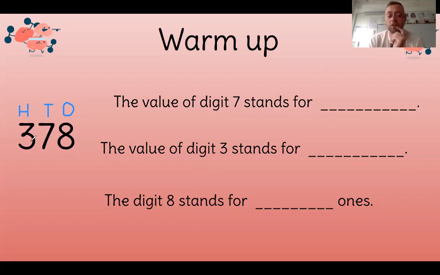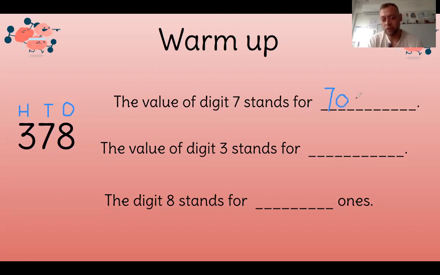Okay, so now let's look at the question and see what it's asking me. The value of digit 7 stands for, what should I write there? It stands for 70.